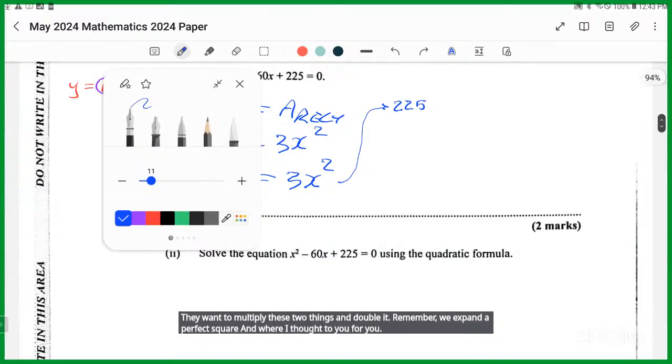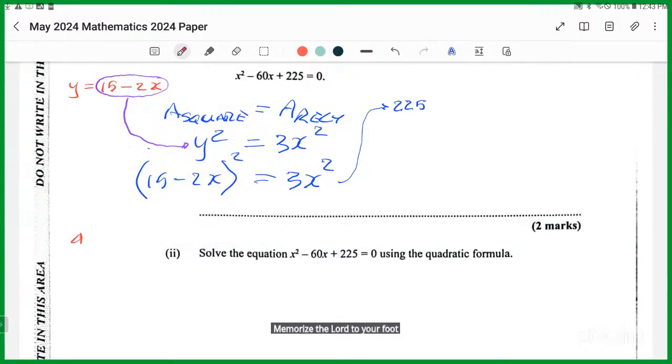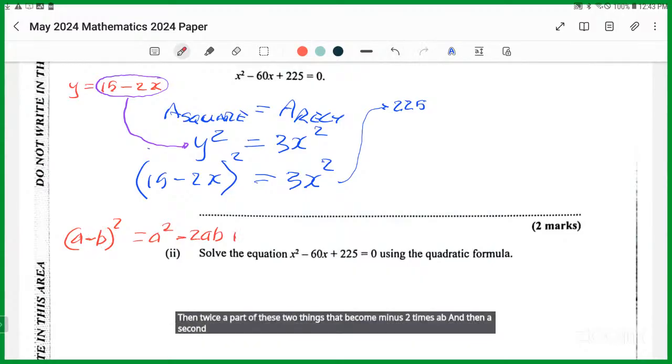When you expand a plus or, let me put a minus this time, a minus b all squared is equal to the first term squared, which is a squared, then twice the product of these two things, they become minus 2ab, and then the second term squared, b squared.